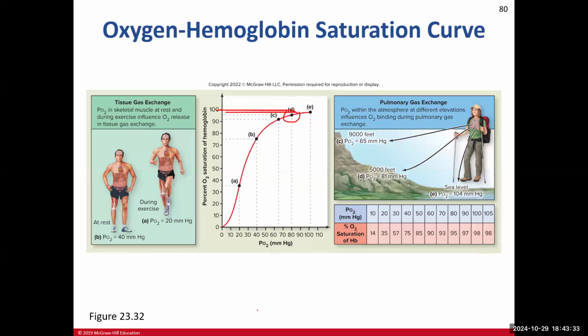So this is what we're seeing here. My basic point that I want you to understand is, as we increase the partial pressure, we can much more easily bind or increase our oxygen saturation for our hemoglobin here, which only makes sense, because if you're exercising, you're going to increase your breathing rate.